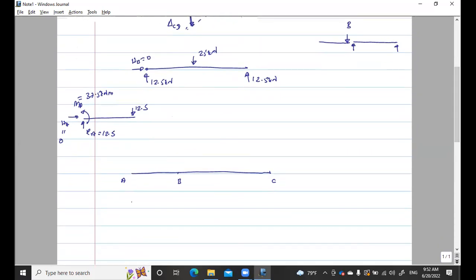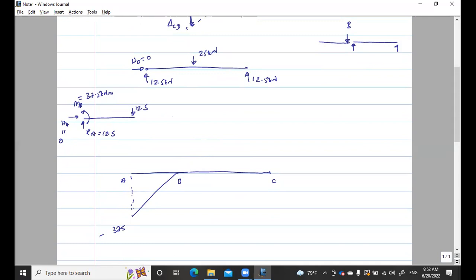So it will be hogging moment, negative 37.5. It will be a moment diagram like this, and it will be 0 at B because B is a pin.